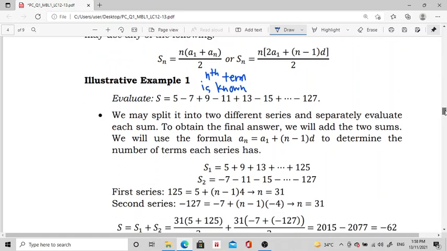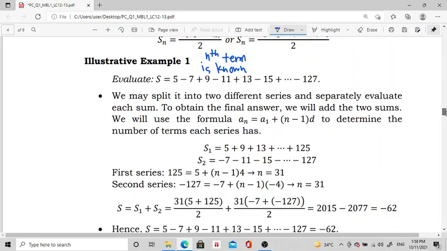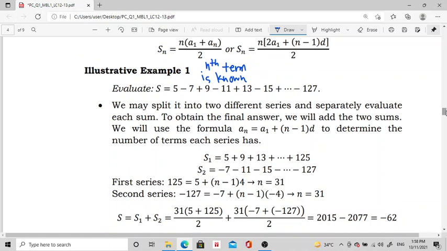So let's try to use those formulas. Example, evaluate the series. So as you can see, we have here a case where yung terms ay may alternating signs. So to somehow eliminate that complication, we may split it into two different series. And separately, i-evaluate natin yung sum ng bawat series. So that's what we did here. So sa series number 1, nagsama-sama yung mga positive.